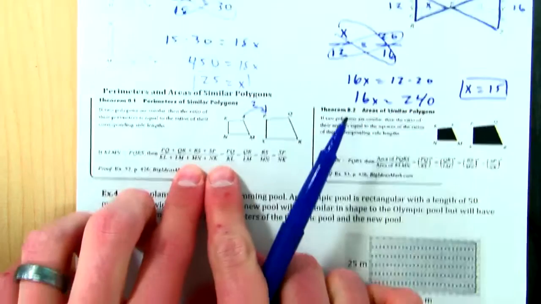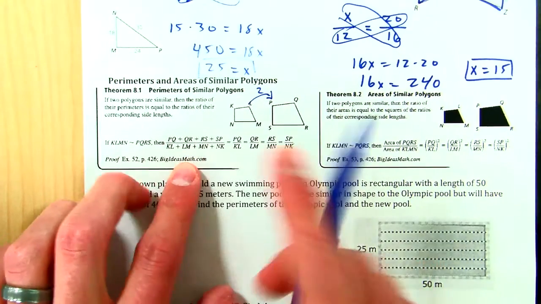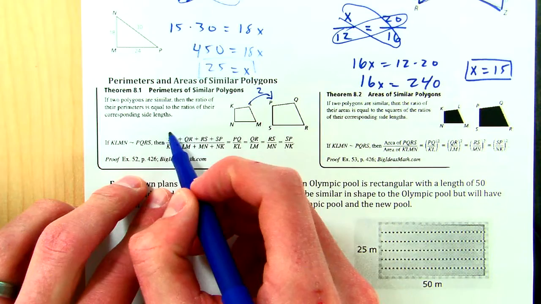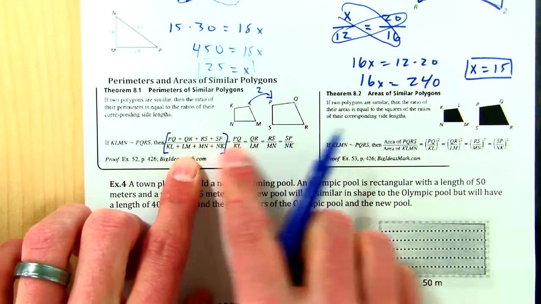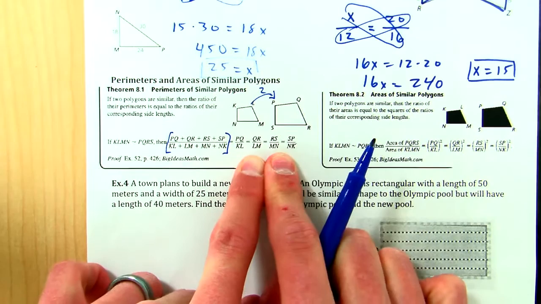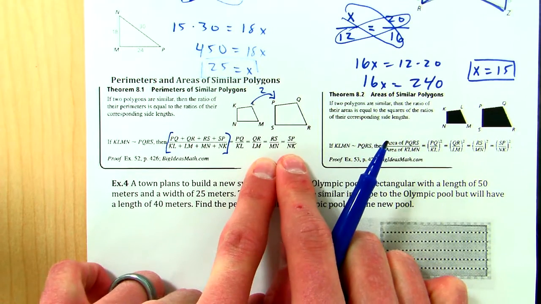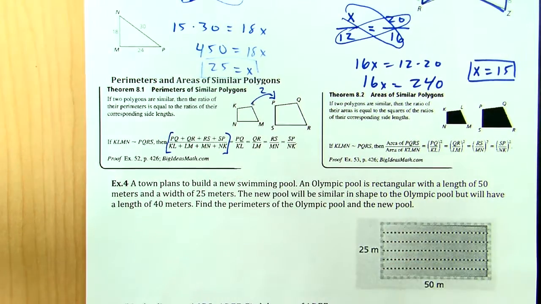And that's kind of what it's going at here. Perimeter, remember, is just fancy for adding up all the sides. The ratio of the perimeters will be equal to the ratio of the sides, which is equal to the scale factor. Okay, so perimeter is nice. It works exactly how we want it to. Like, oh, side lengths are 3 times as big, then I'm just going to triple my perimeter.